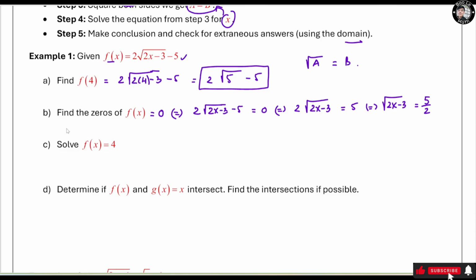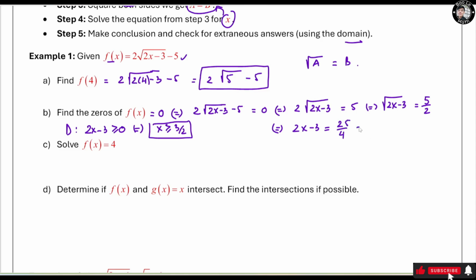Now we need to have the domain. It's going to be 2s minus 3 greater than or equal to 0, and then s greater than or equal to 3 over 2. Alright, so we're going to square both sides. It turns out to be 2s minus 3 equals 25 over 4.